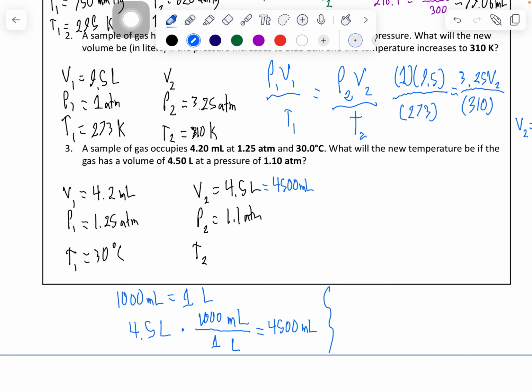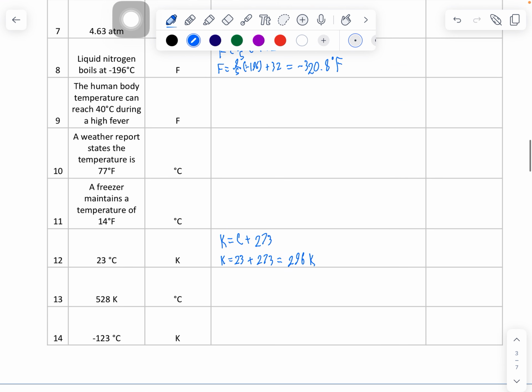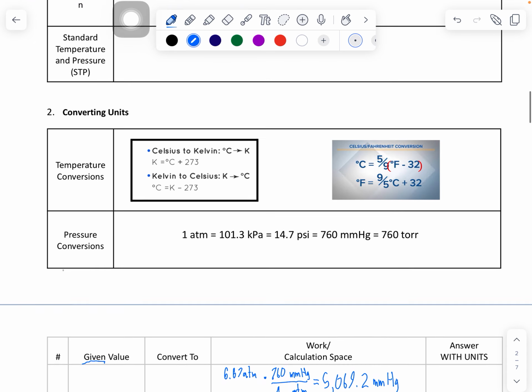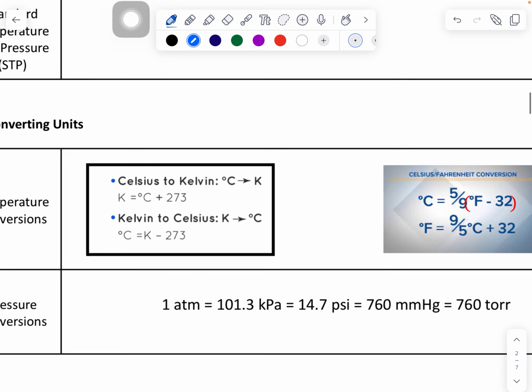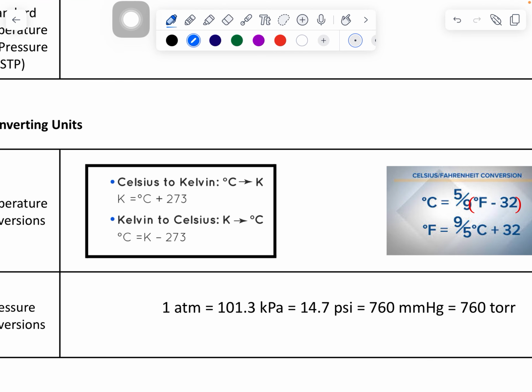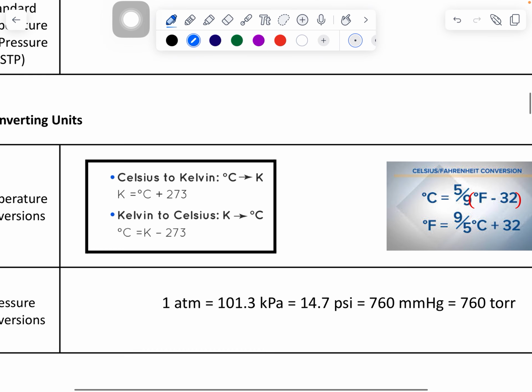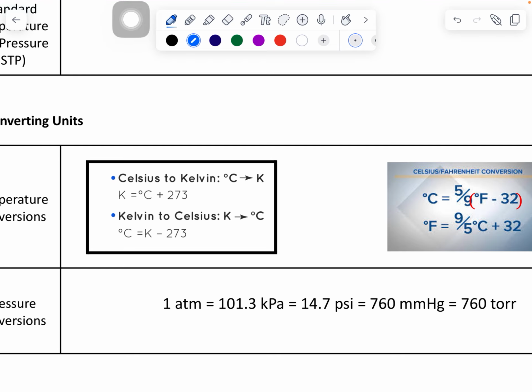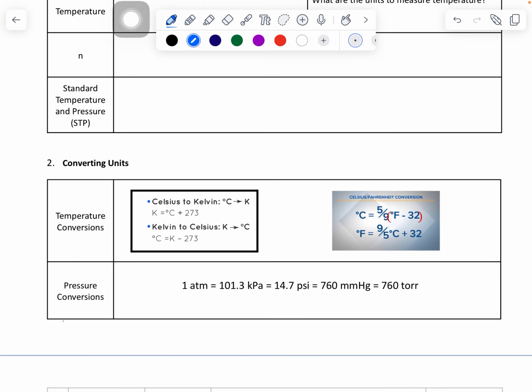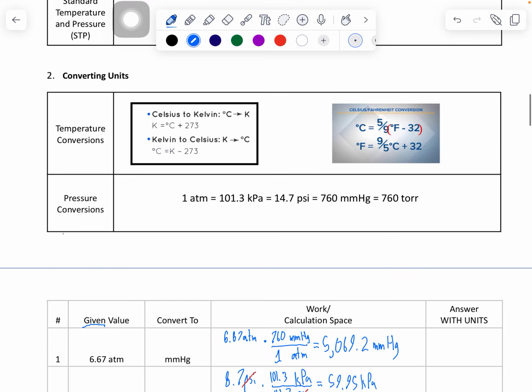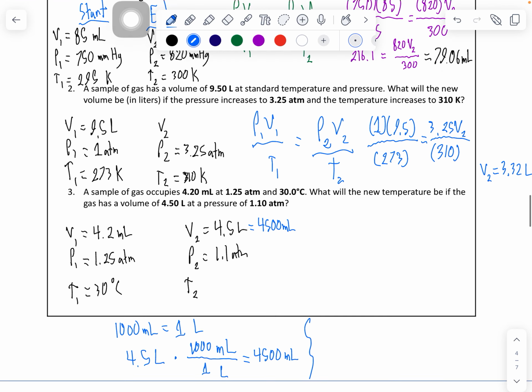Now, let's go up, grab our equation. Again, as you're doing problems, as you're working on the homework, it is okay to not have all these formulas memorized. What you should do, have your notes open as you're going through our practice problems. That way you can reference these equations, and the more you use them, the easier they're going to come, and the more you're going to start to memorize them and have to look back at your notes less and less. So, to get Celsius turned into Kelvin, we are going to say that Kelvin is just Celsius plus 273.